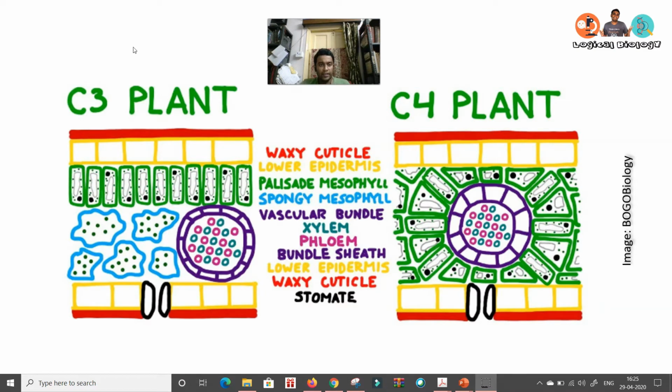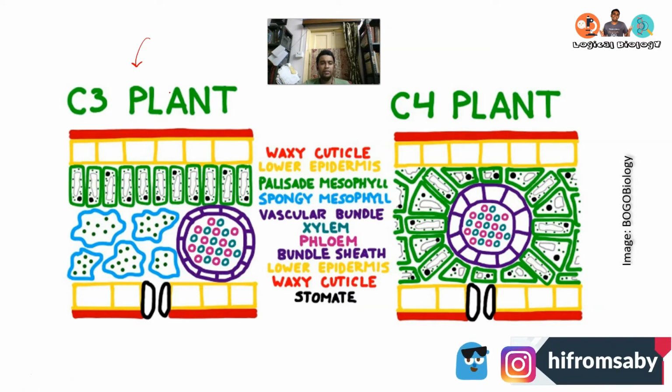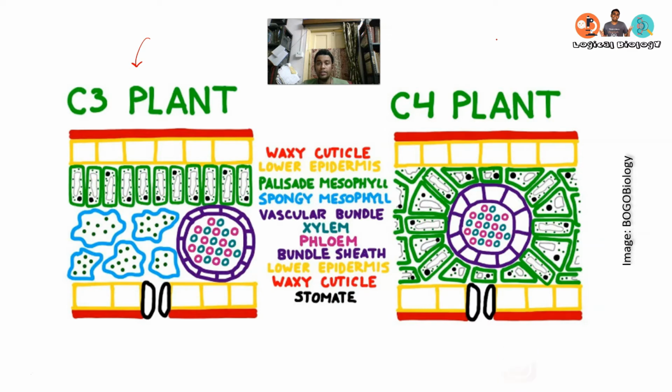Now this is a normal transverse section of a leaf of a C3 plant, and this is a transverse section of the leaf of a C4 plant. Now see, there is a difference in the structure. There is a difference in the adaptability, right?